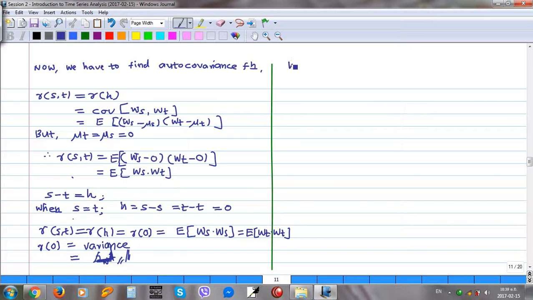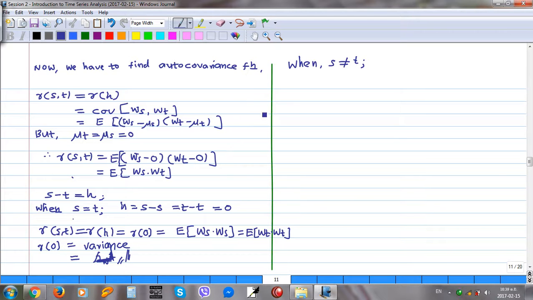Then I am going to consider the next case, when s not equals t. When s not equals t, what do we have to do?